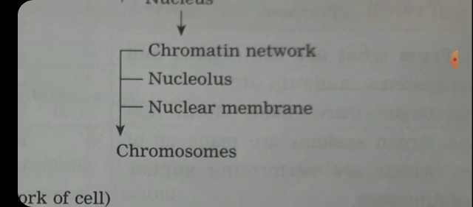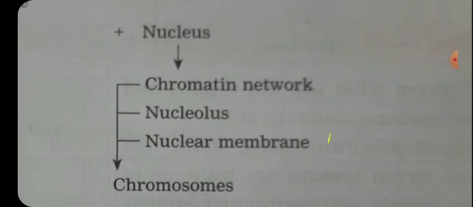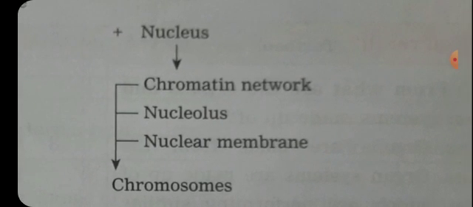Functional segments on chromosomes are called genes. Nucleus controls all the metabolic activities of cell and cell division. Transmission of hereditary characteristics from parents to offspring takes place through chromosomes.